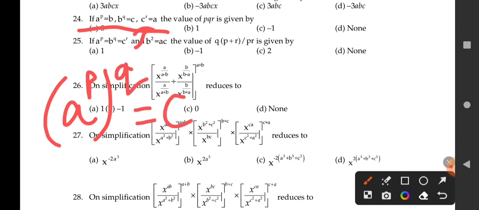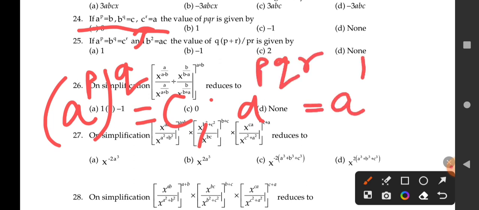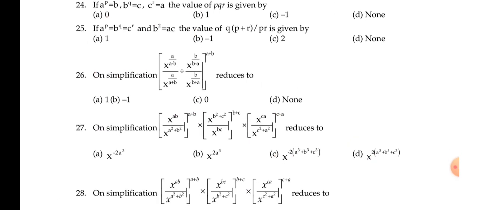Now let us substitute c in the third equation. So we have c, that means a power pqr, is equal to a power 1. So pqr is equal to 1. Option number B.